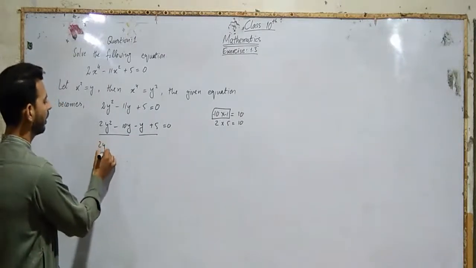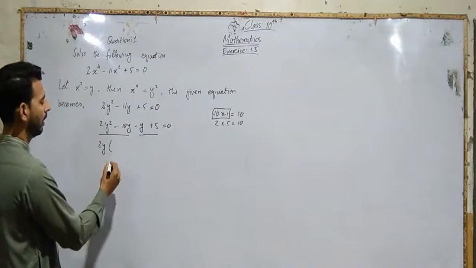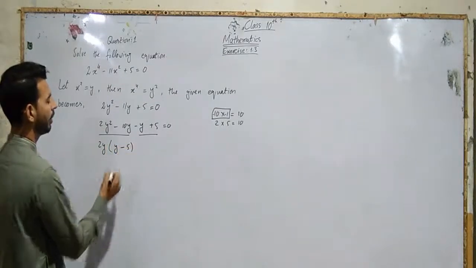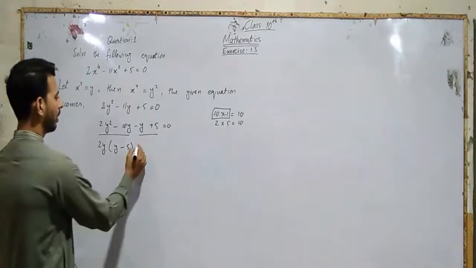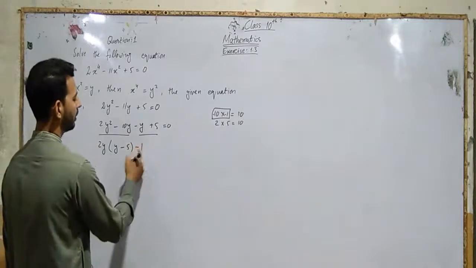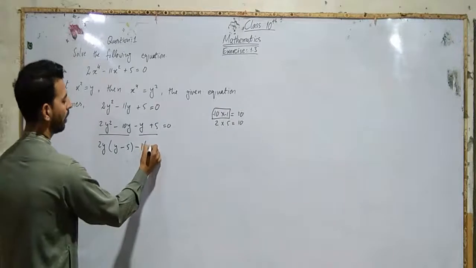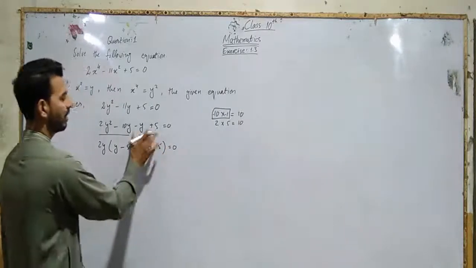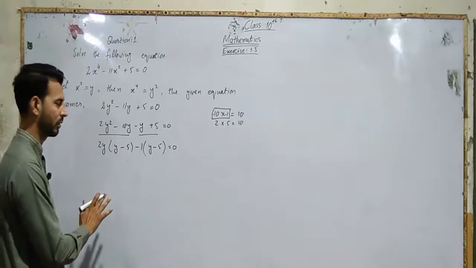So 2y is common here, and then y minus 5 will remain here. Minus 1 is common here, and then y minus 5 equals 0. When there is nothing common, there is 1 common always.